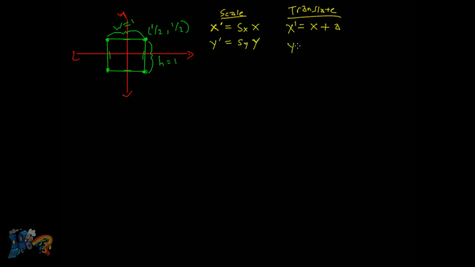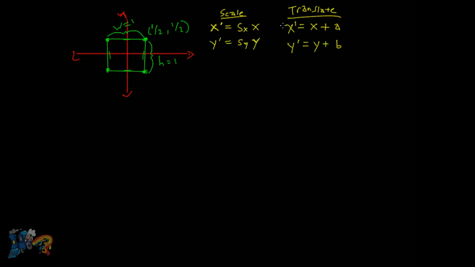Okay, and y prime is the result of the initial y plus some value b. So we're saying that a is equal to the value that we want to translate the x by, and b is equal to the value we want to translate y by. And by translate, I mean move. That's it. To translate an object or a point or a vertex is just to move that vertex.